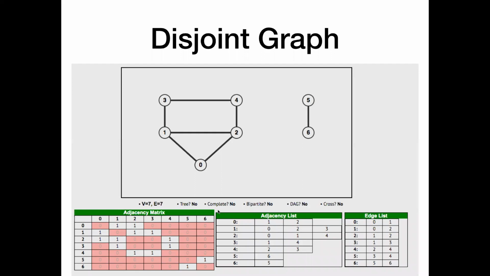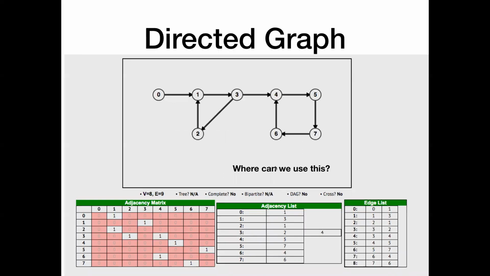You can have 2 disjoint sets which are working with each other, and they are 2 separate graphs for us. Now, another thing which can be there is a directed graph. Give me an example of a directed graph. What do you think an example of a directed graph is?